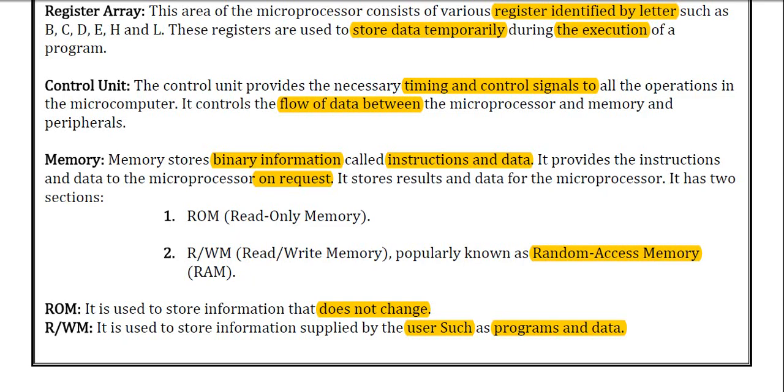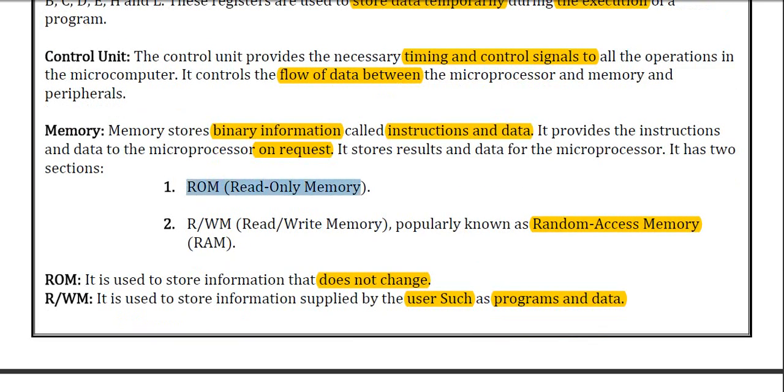It has two sections. The ROM section, which is known as read-only memory, is used to store information that doesn't change. That means if you turn off the computer and there is no electricity, the data will still be stored.